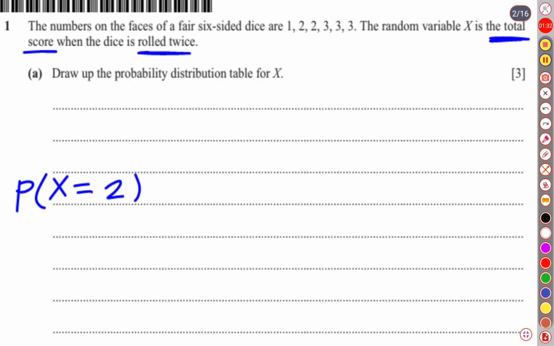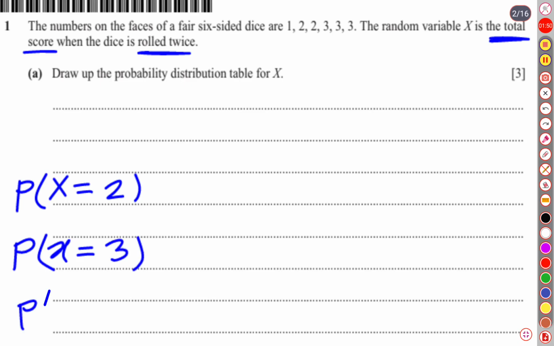The second case is the first time the face may show 1 but the second time it may show 2, so the total score is going to be 3. What can be the third possible case?